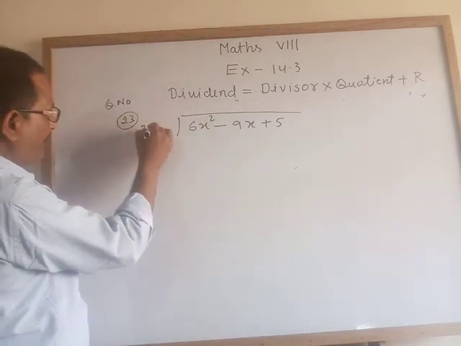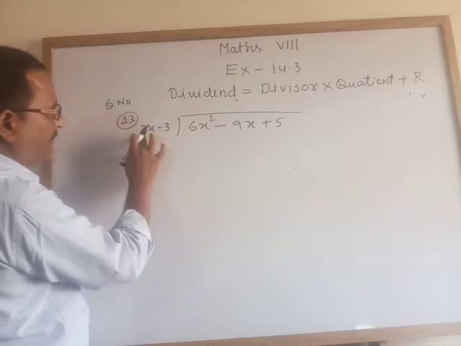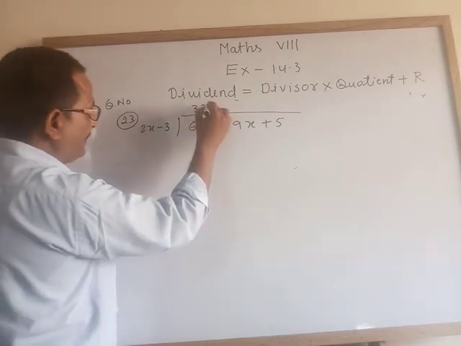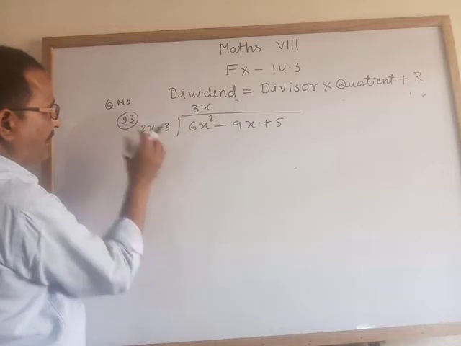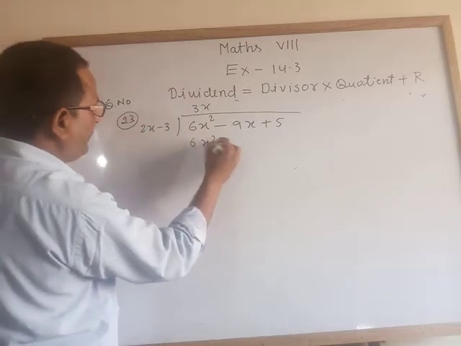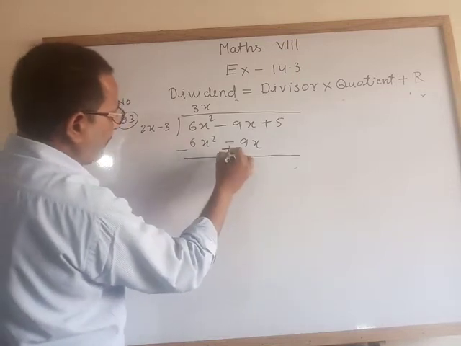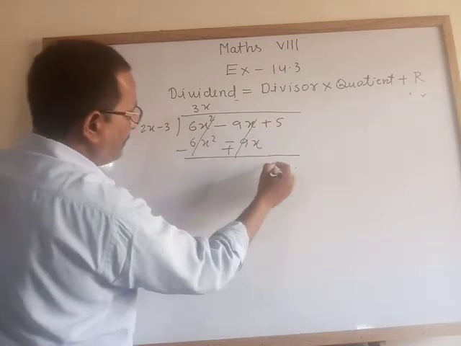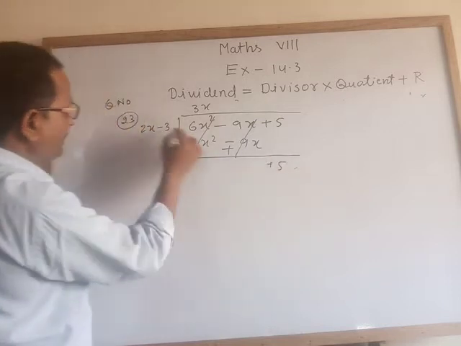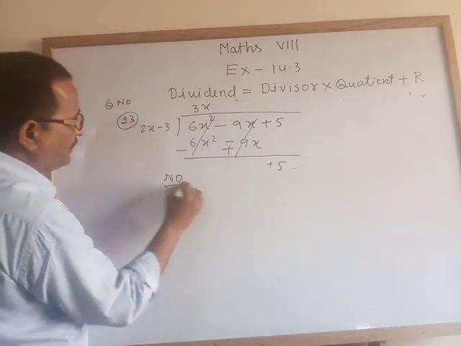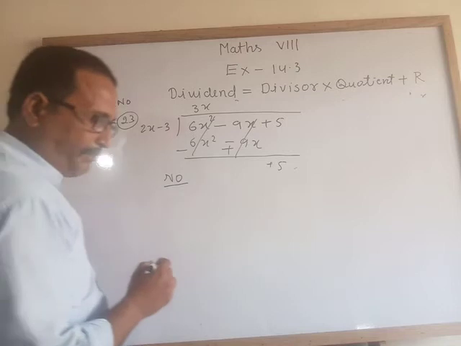First term divided by first term, the answer is 3x. 3x multiplied by this gives 6x square minus 9x. Subtract, minus here plus, cancel. 5 is remaining. It means that this is also not a factor. The answer is no.